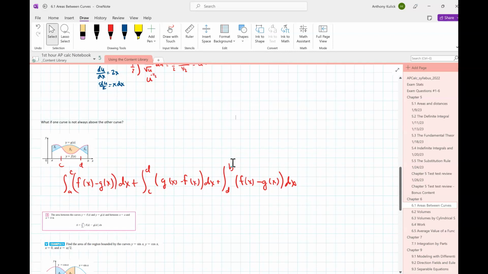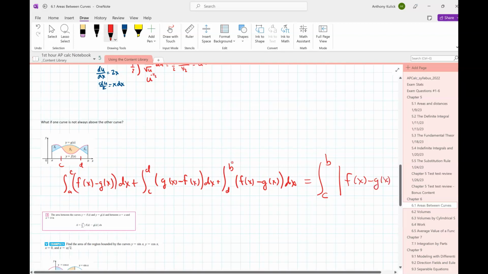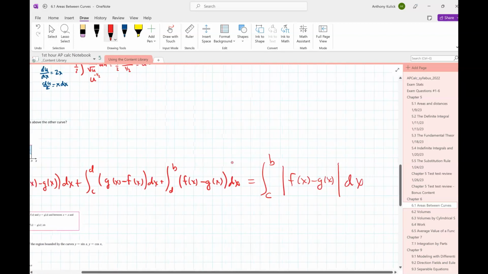What else could you do? This is actually the same thing as the integral of the absolute value, f of x minus g of x dx.